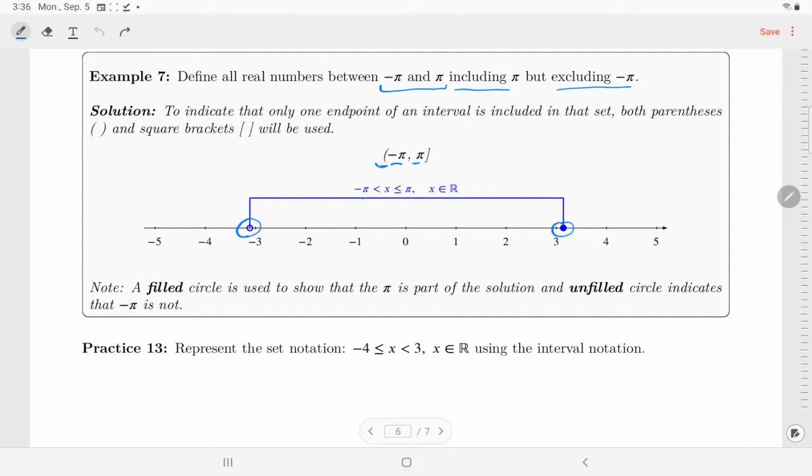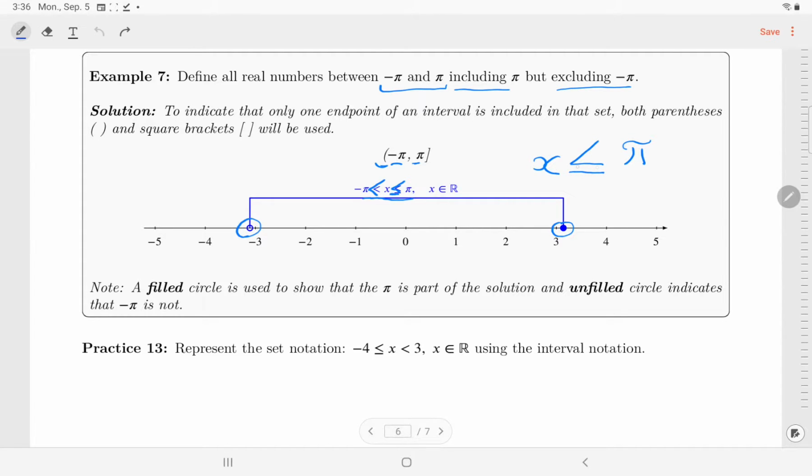We also can use this notation: x is greater than negative pi, and x is less than or equal to positive pi. So remember, this means x is less than pi, but if it also includes pi, we have to add another line.